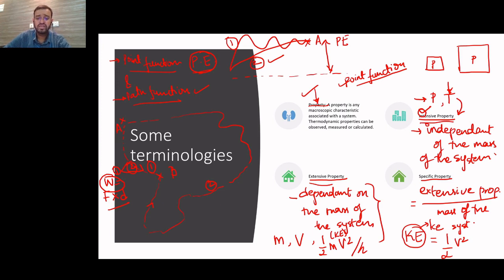And to convert an extensive property into an intensive property, we call it a specific property, and we divide the extensive property by the mass of the system. And to represent a specific property, we write the notation in small letters. All right. So this is about properties of a system.